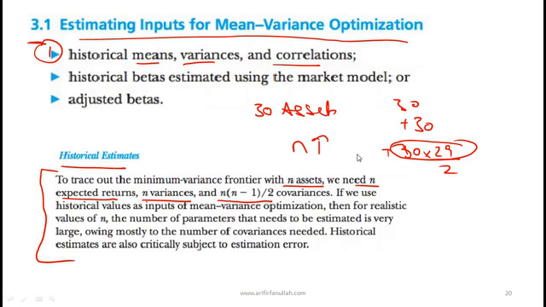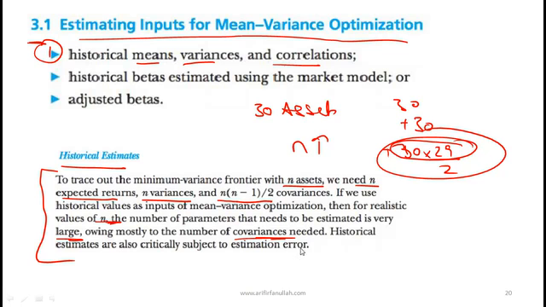It certainly will. Okay, so if we use historical values as inputs of mean variance optimization, then for realistic values of n, the number of parameters that need to be estimated is very large, owing mostly to the number of covariances needed. So this term over here. Historical estimates are also critically subject to estimation error.